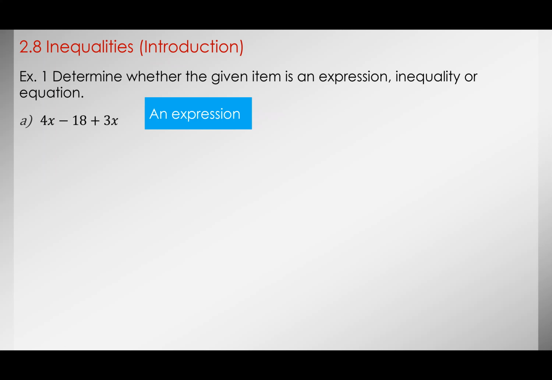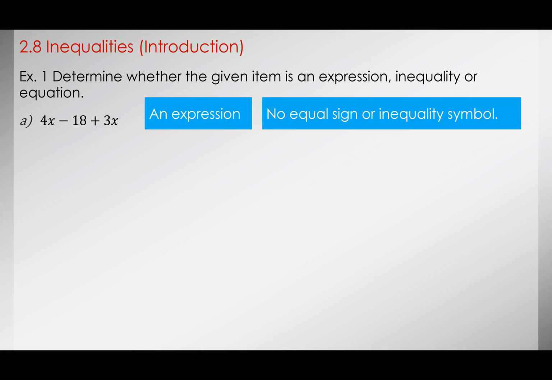They probably, on the test, tell you to combine like terms, which is 4x plus 3x will give you 7x. We did this in an earlier item, combining like terms. This is your expression, right? They do not have an equal sign or an inequality symbol. And for B, we have this item.